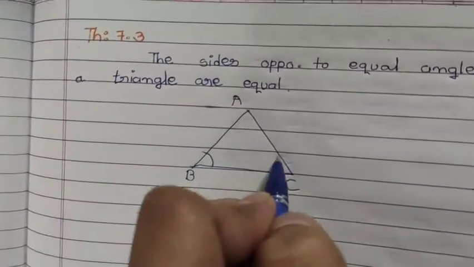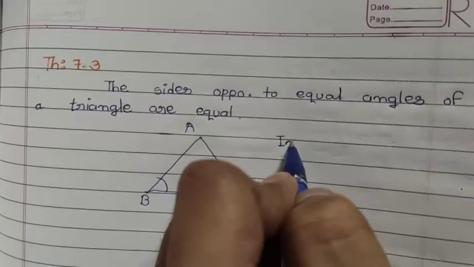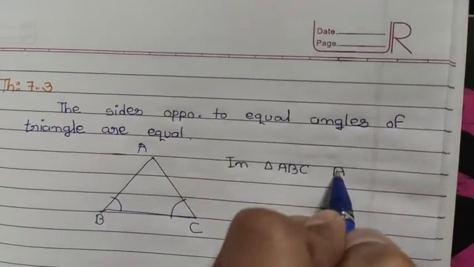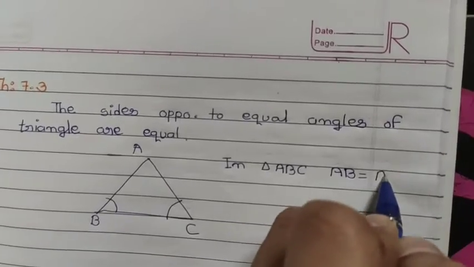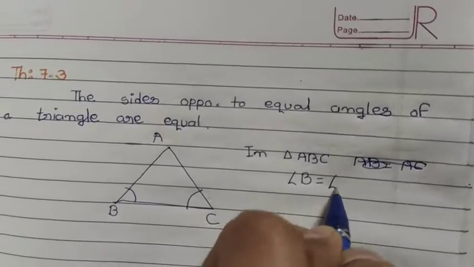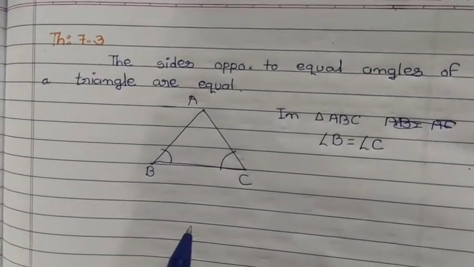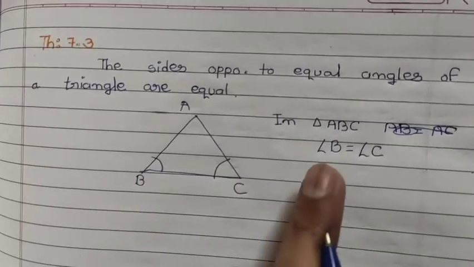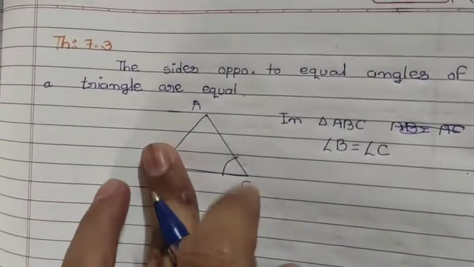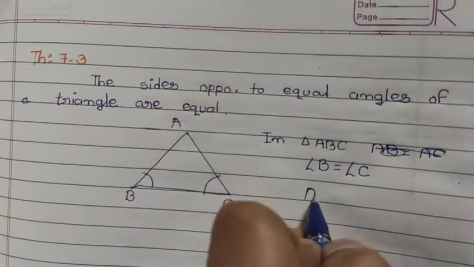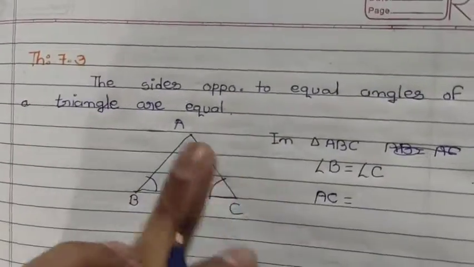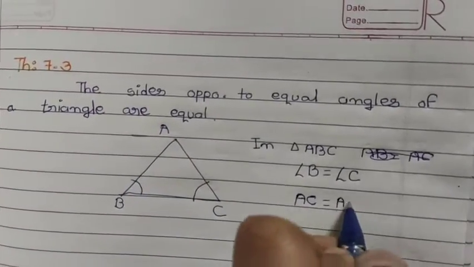If angle B is equal to angle C, then the side opposite to angle B, that is AC, and the side opposite to C, that is AB, are both equal.